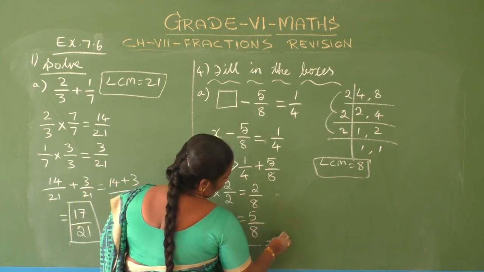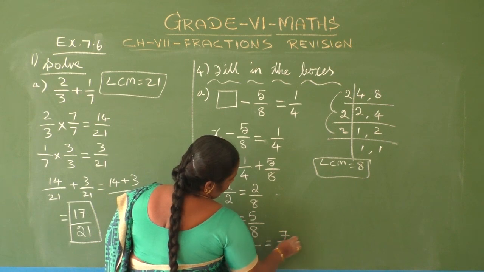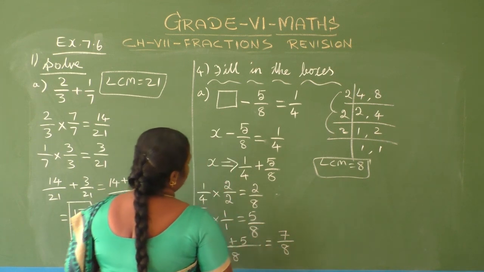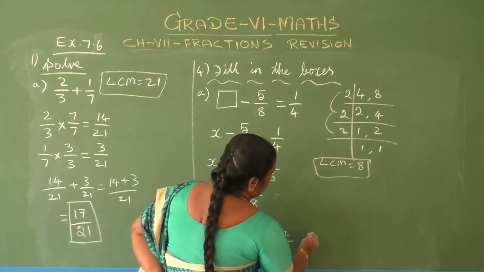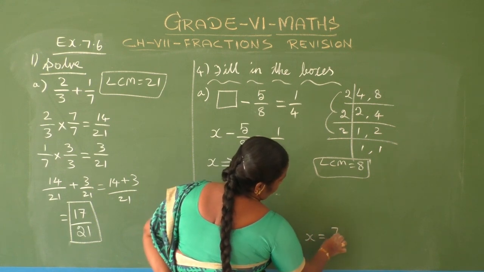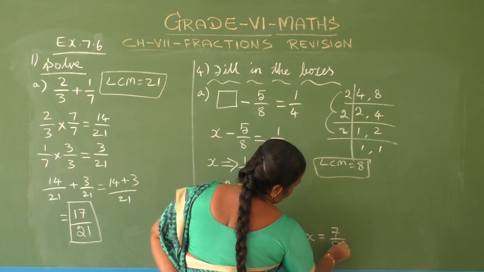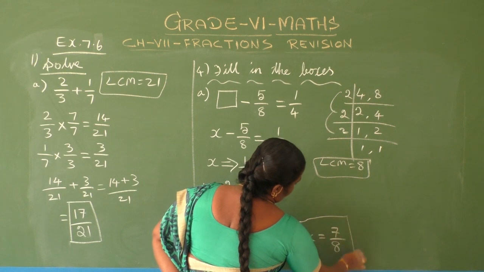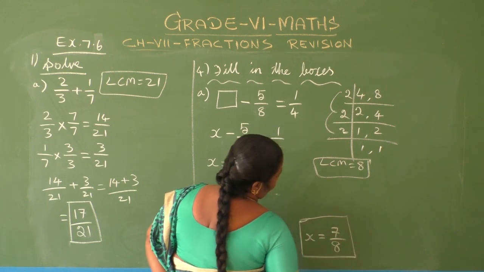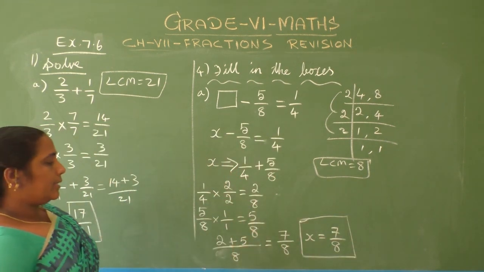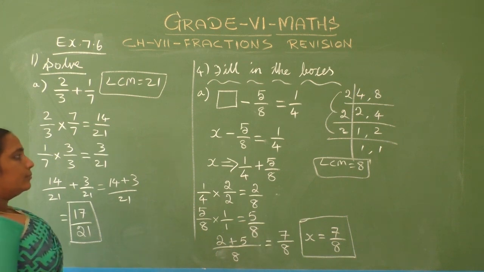So 2 plus 5 is 7 by 8. So what is the value of x? x equals 7 by 8.